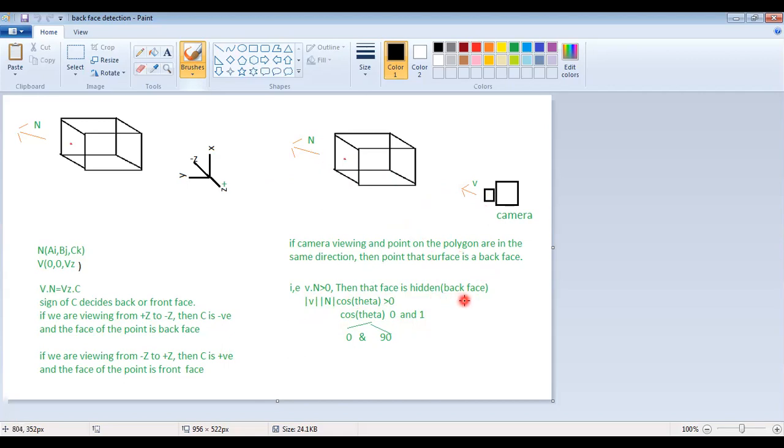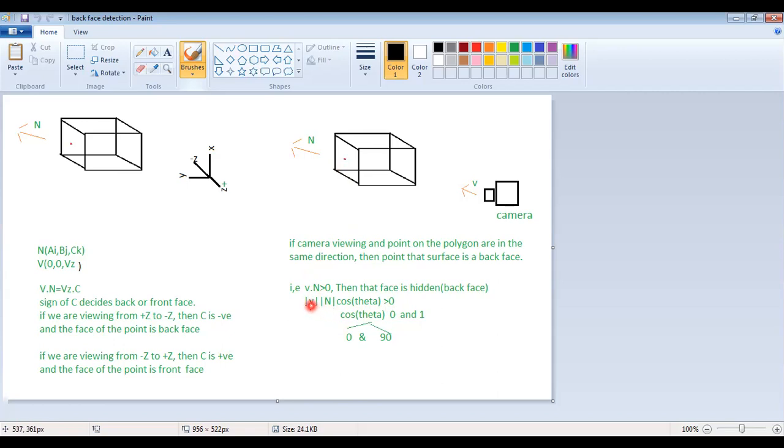That is the back face. Let us see how I prove that. If both are in the same direction, that particular point is a back face. If the dot product of viewing vector and normal vector is greater than 0, that means |V||N| cos theta is greater than 0, where I have taken the modulus of V and N. Modulus means there is no consideration of positive and negative sign, all are positive.